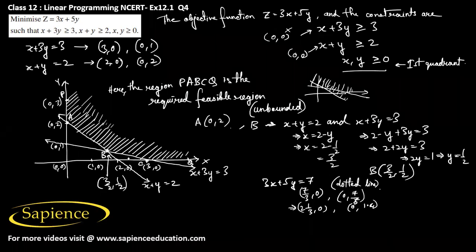It would be somewhere slightly here. And 7/5 is 1.4, slightly less than 1.5, so it is (0, 1.4).